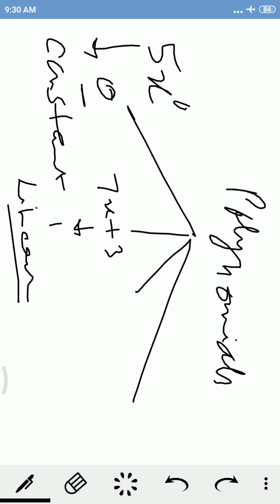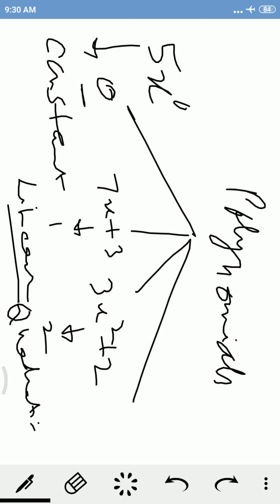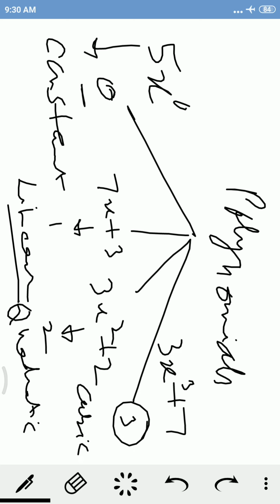Okay, now if I write 3x square plus 2, its degree is 2, so it is known as quadratic. We can take one more example, like if I write 3x cube plus 7, its degree is 3, so it is called cubic. So these are various types of polynomial: constant, linear, quadratic, cubic.